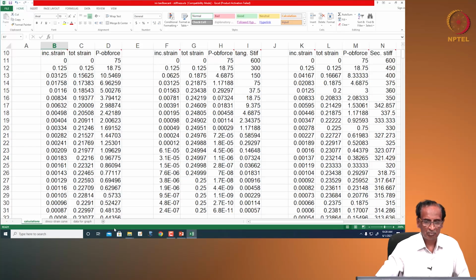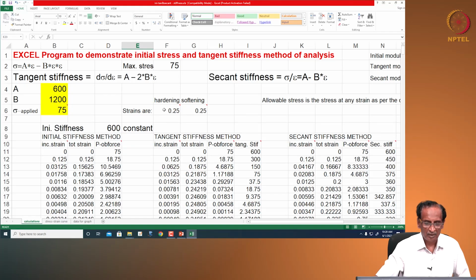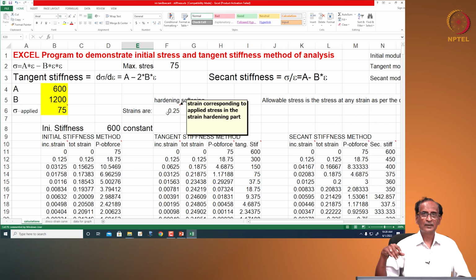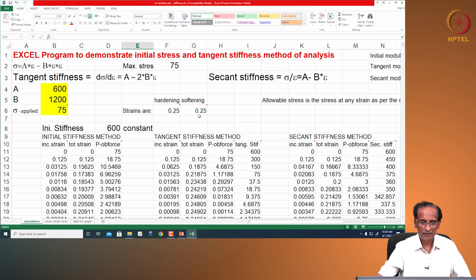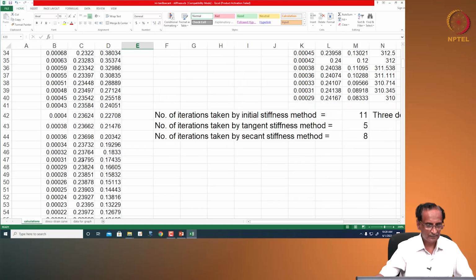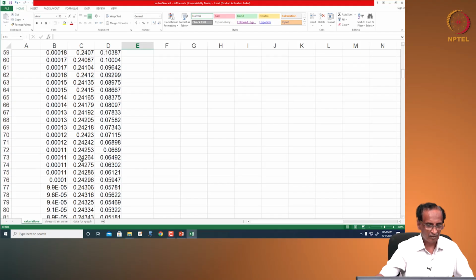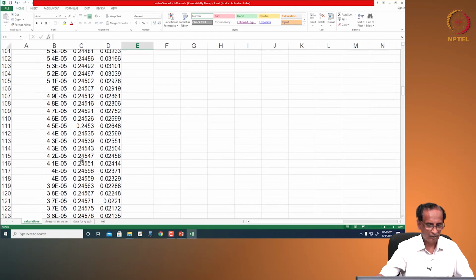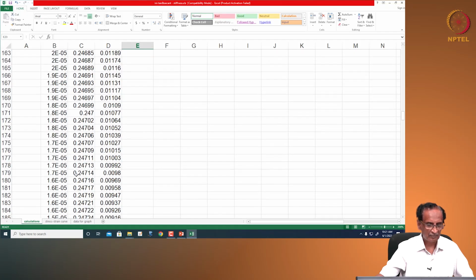In fact, the program will get confused, because this is the peak point. So there is no difference between strain hardening and strain softening, and the program gives the same stress value, because it cannot distinguish, because that is the peak point, 0.25. And if you see here, it is going on and on, and 0.25 we are not able to reach.